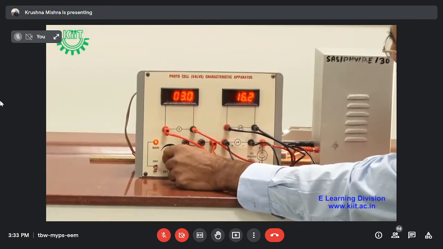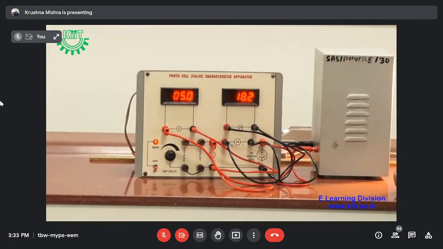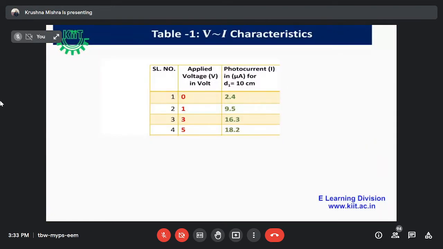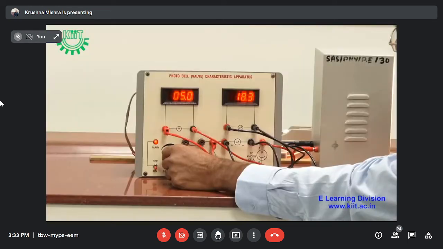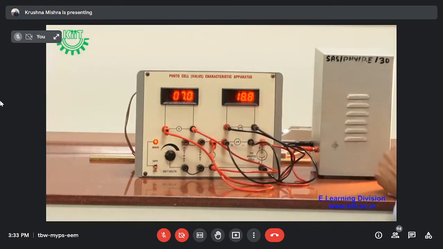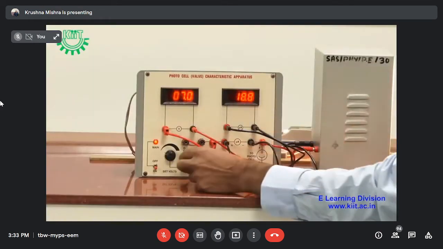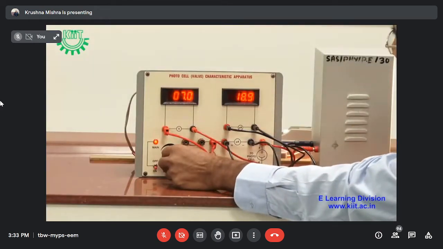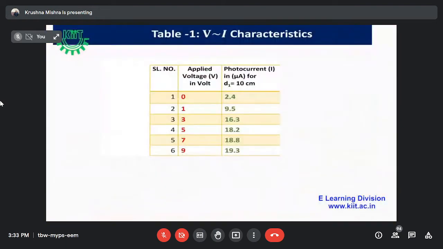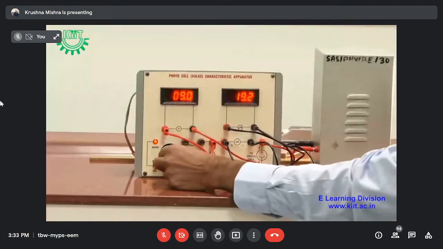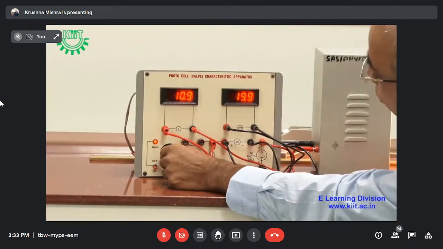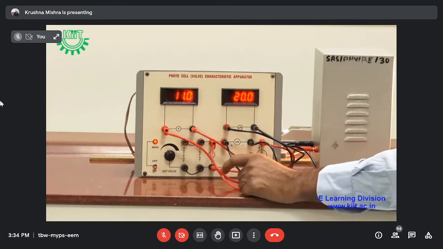Then 5 volt, corresponding current is 18.2. Then 7 volt. So gradually the photocurrent is increasing, and for 7 volt the current is 18.8 microampere. Then 9 volt, photocurrent is 19.3 microampere. Then 11 volt, the corresponding photocurrent is 19.9.